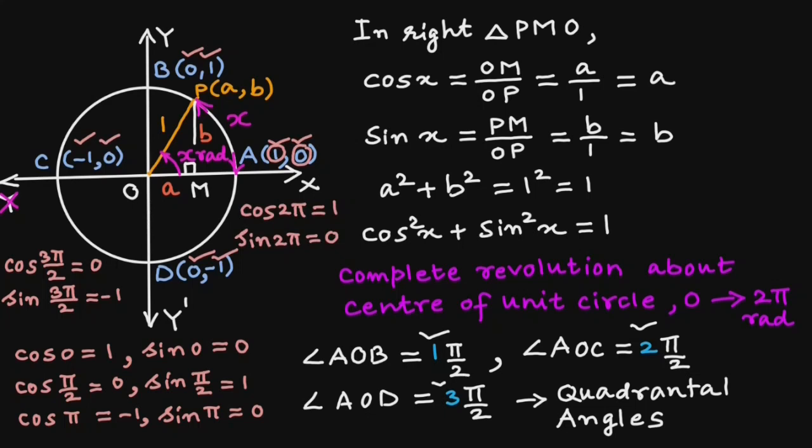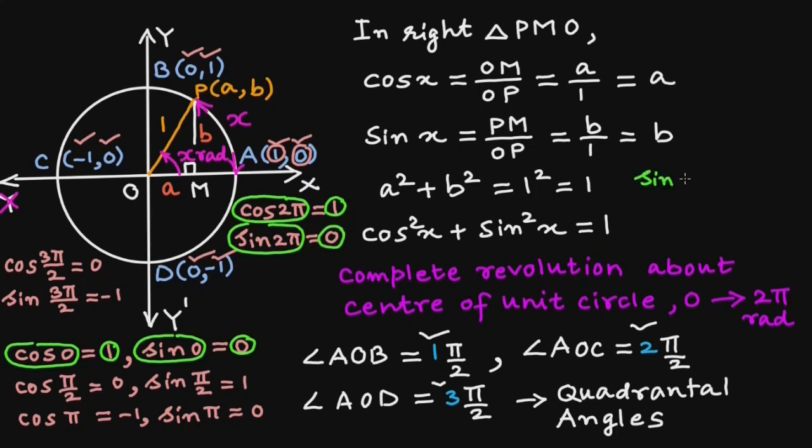We observe that cos 0 is 1, and after one complete revolution cos 2 pi is also 1. Similarly, sin 0 is 0, and after one complete revolution sin 2 pi is also 0, which means that the values of sin x and cos x remain same after an integral multiple of 2 pi.